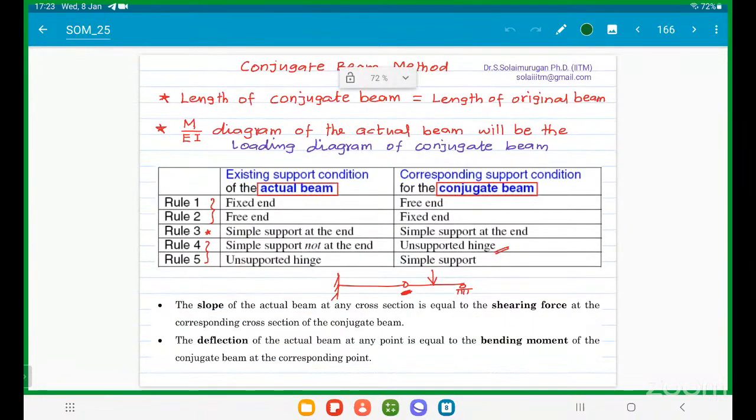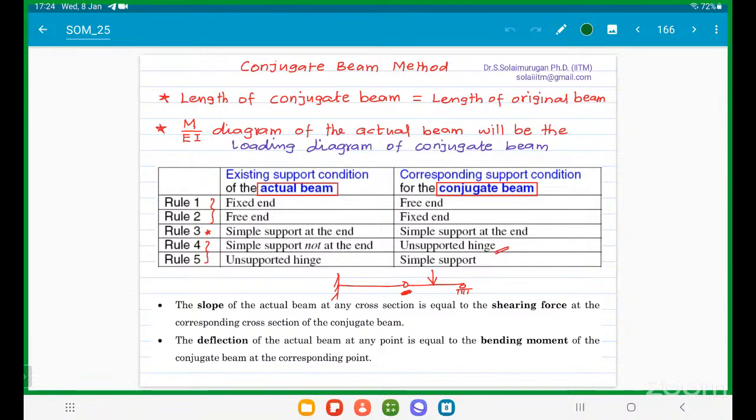Just to know the basics, that's all. You cannot do the calculations in the examinations. It is a time consuming one. The length of the conjugate beam is equal to the length of the original beam. The M by EI diagram of the actual beam will be the loading diagram for the conjugate beam.